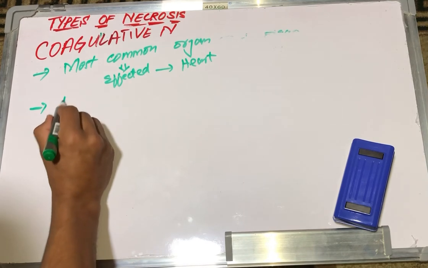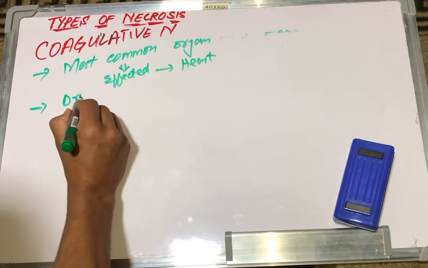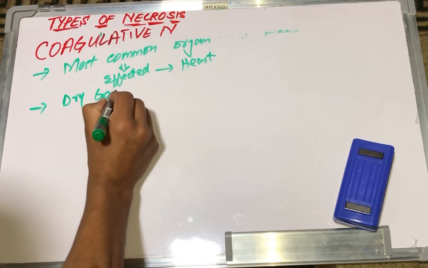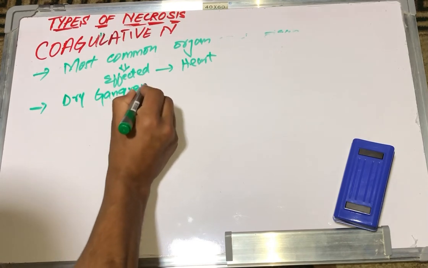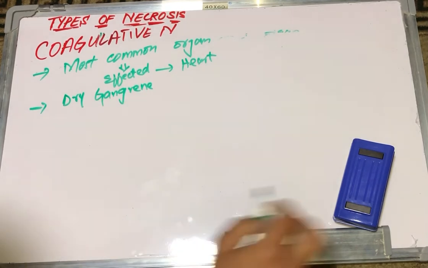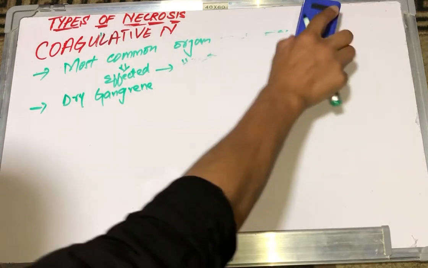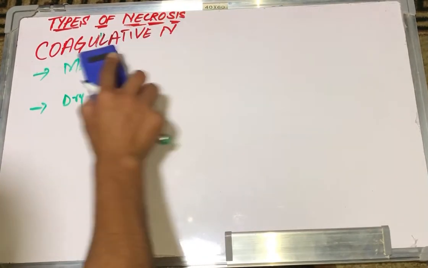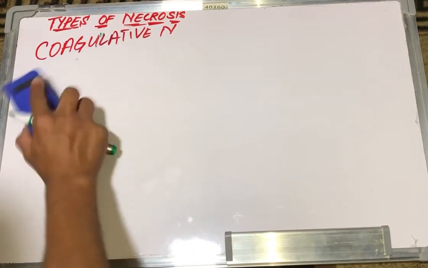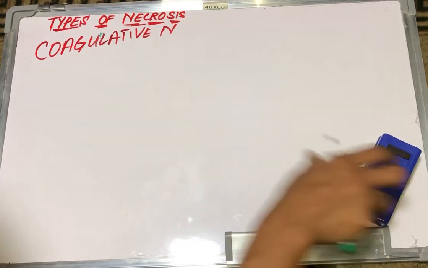Coagulative necrosis is also called dry gangrene because inside coagulative necrosis there is no formation of pus, so it looks like a dry gangrene.